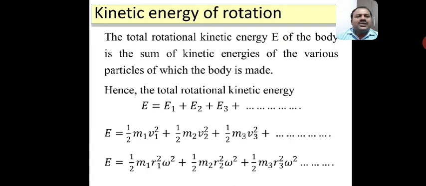So now the total kinetic energy of the rigid body is nothing but the sum of the kinetic energies of various particles of the body.